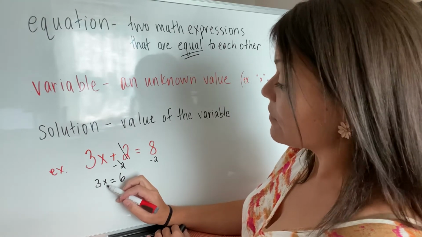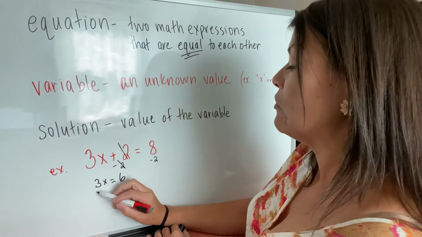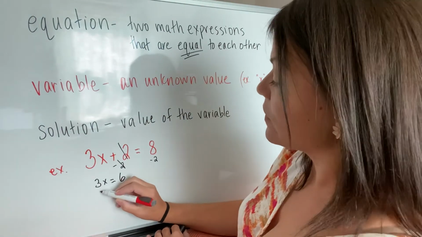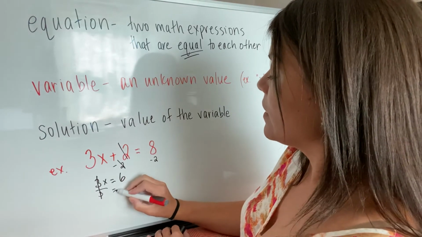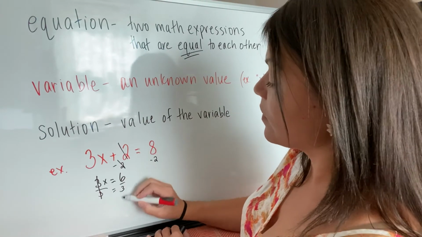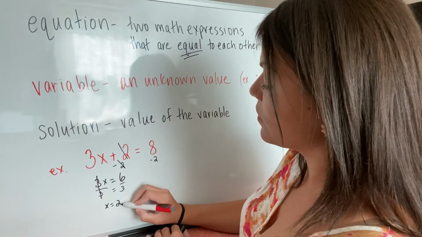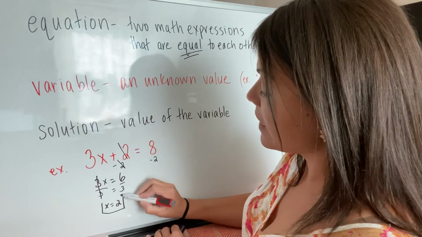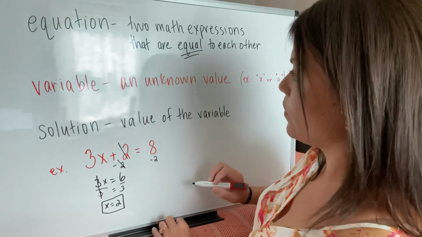So in order to get that variable alone, I currently have a 3 times x, so I'm going to divide to separate it back out. And when I divide it, it goes away also. All right, so then I'm going to divide 6 by 3 also. I'm going to get x equals 6 divided by 3, which is 2. And that is the solution, which means that my variable x is equal to 2.